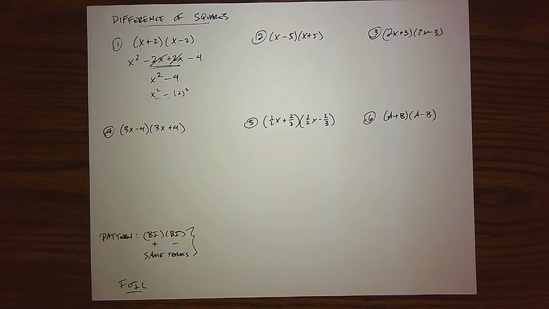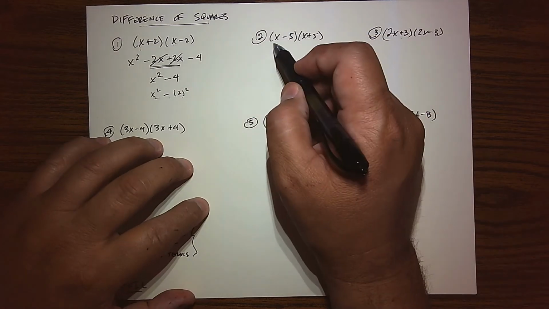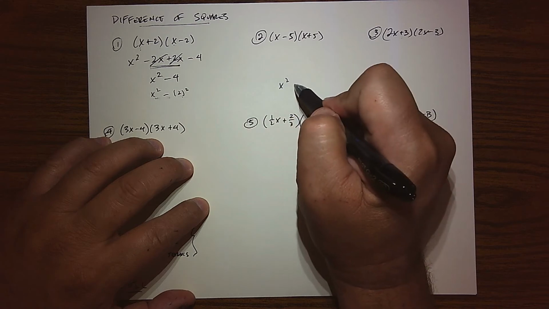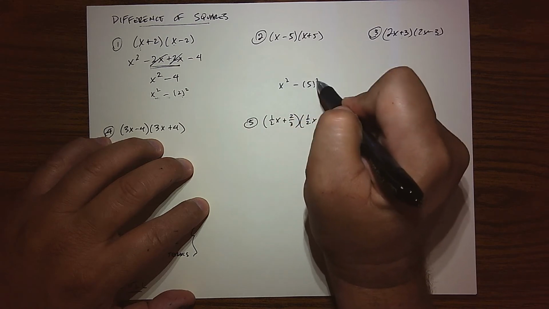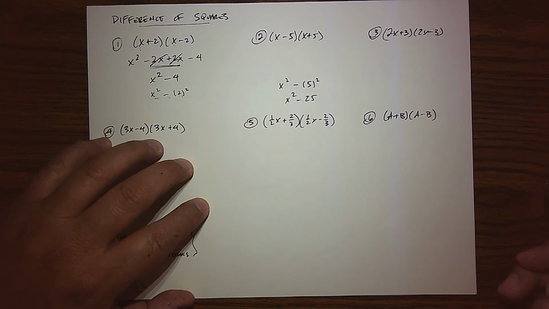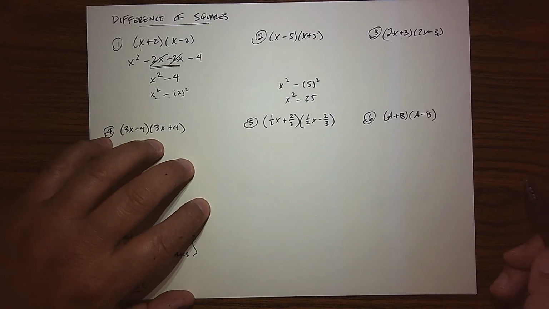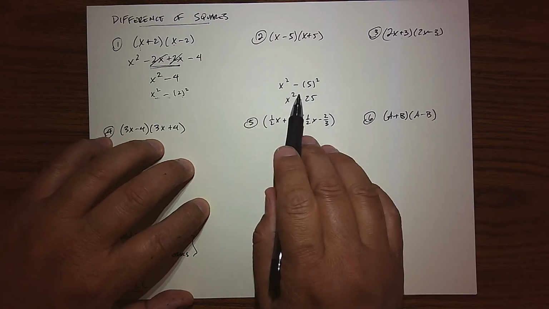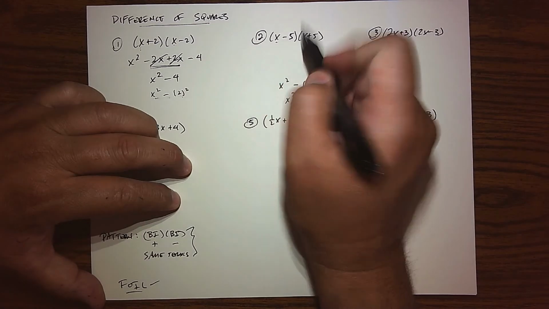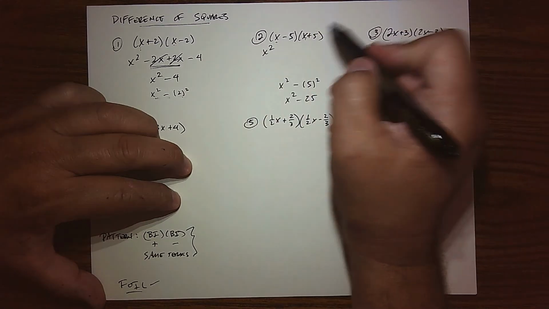That's the difference of squares pattern. If you see the pattern here, what I'm expecting is the first term squared minus the second term squared, or x squared minus 25. That's how fast this can be if you recognize the pattern. If you're not seeing the pattern with me, let's do good old reliable FOIL. First times first is x squared.